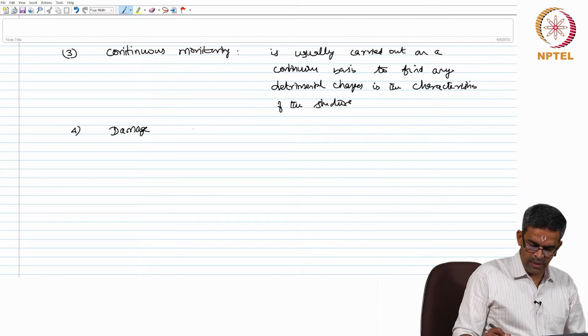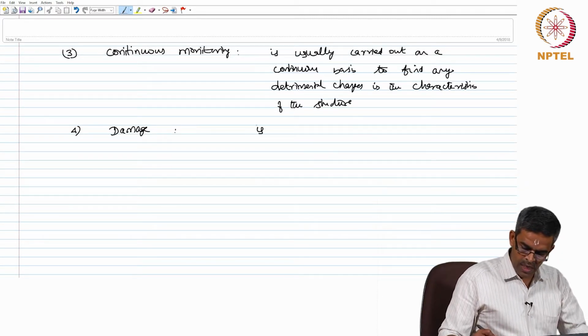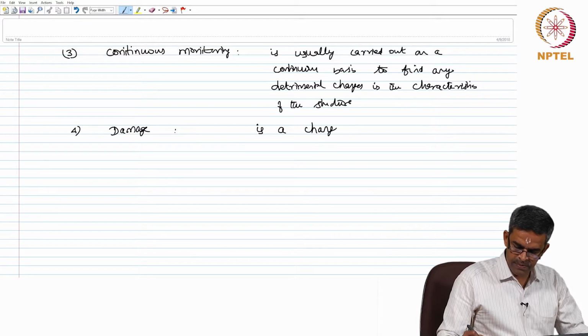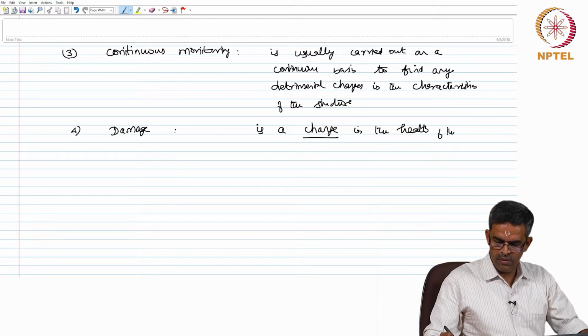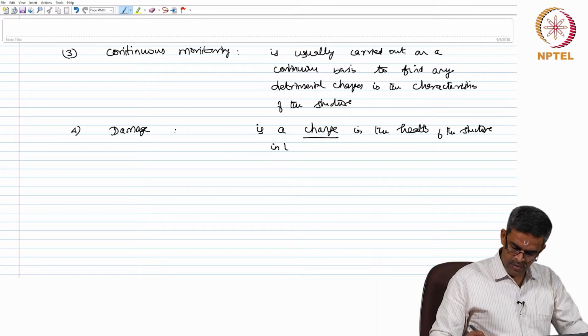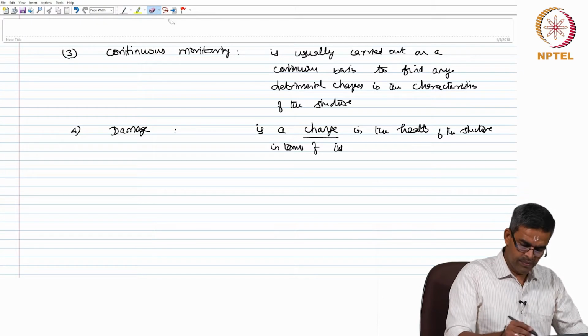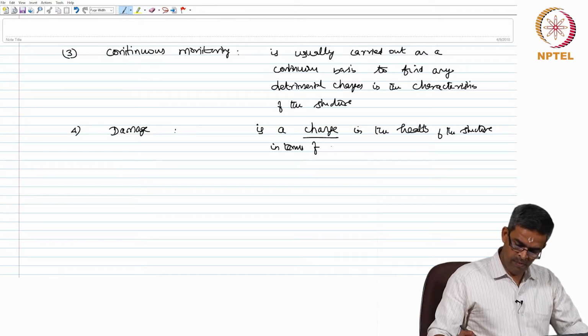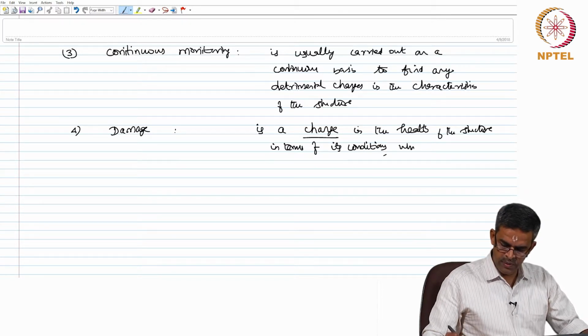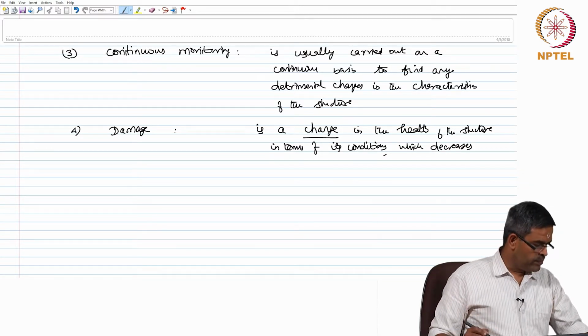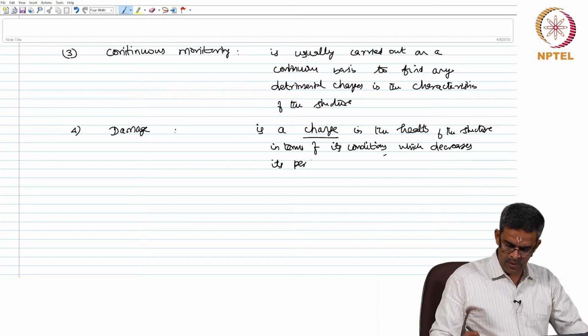What do we understand by damage? Damage actually is a change in the health of the structure in terms of its conditions, which decreases its performance.